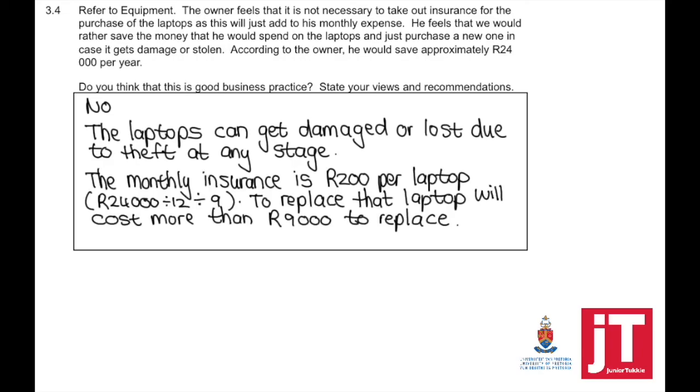The monthly insurance is 200 per laptop. If you take 24,000 divided by 12, divided by, we've got 9 laptops. So to replace a laptop will cost more than 9,000. If you're buying a new laptop, prices go up. So, is it wise not to have insurance? No, it's not.